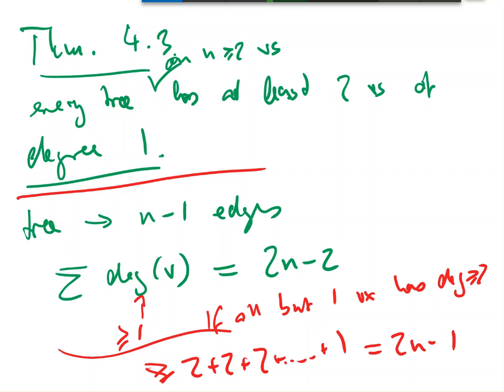But that's not true. That's a contradiction. So we have to have at least 2 vertices of degree 1. So this is another way of proving that we have at least 2 vertices of degree 1 in a tree, which again is a useful statement to prove many, many results about trees.